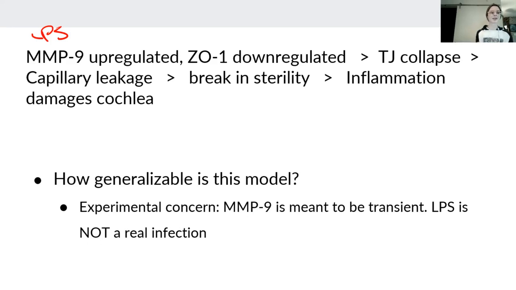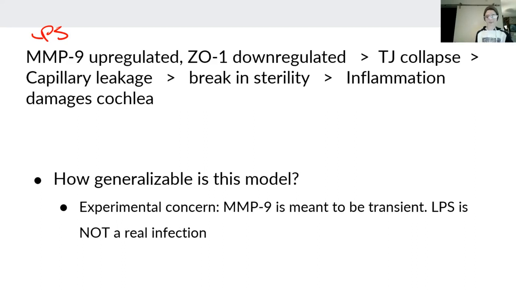And so that is going to be a break in sterility, specifically in this cochlear structure, the stria vascularis. And what that's going to cause is inflammation in the cochlea. Those molecules are going to be introduced to the cochlea, and that is going to cause a widespread inflammatory reaction called labyrinthitis. And labyrinthitis very often leads to hearing loss because of the fine structures in this system that need to respond very carefully to their surroundings, right?